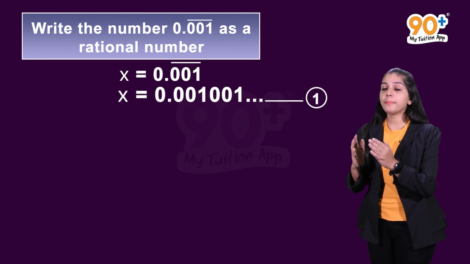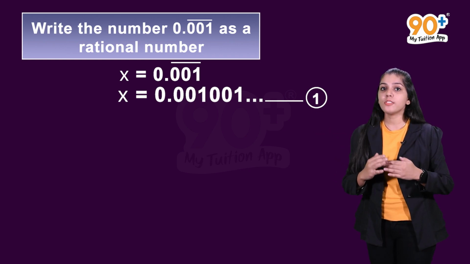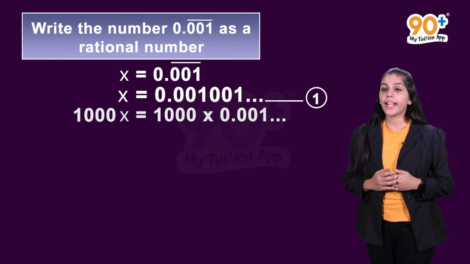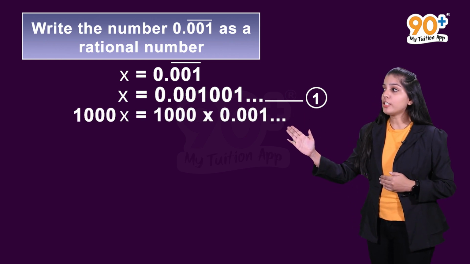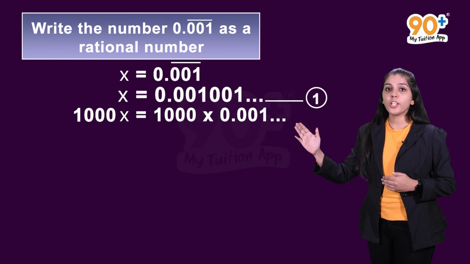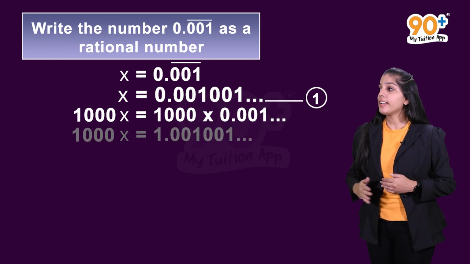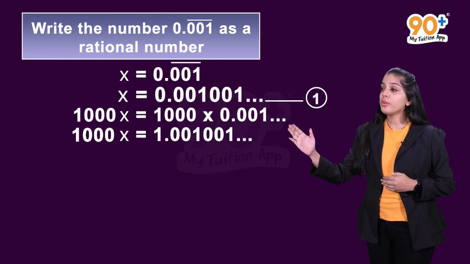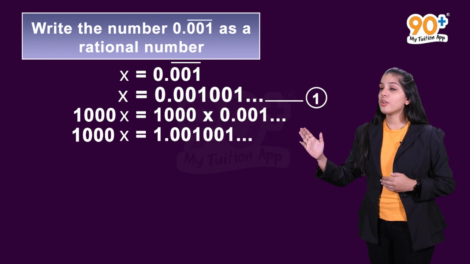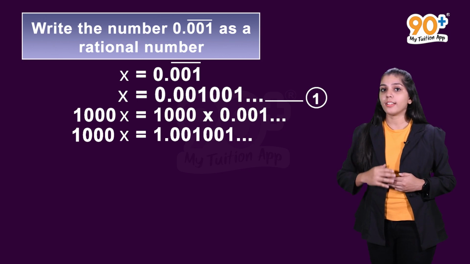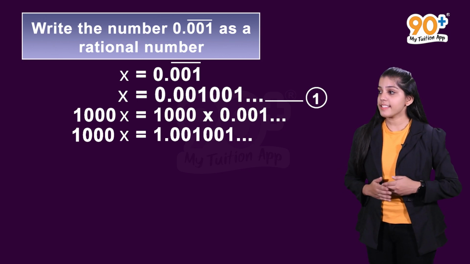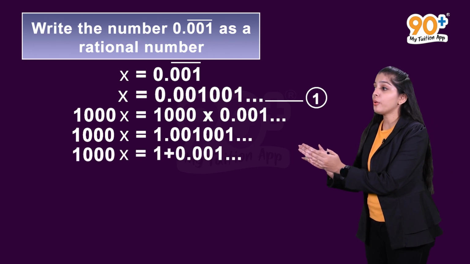So, let's multiply equation 1 by 1000 on both sides. We get 1000x is equal to 1000 into 0.001 and so on. We get 1000x is equal to 1.001001 and so on.